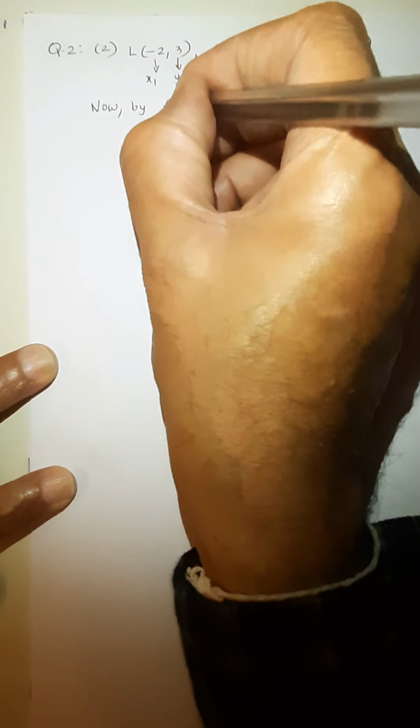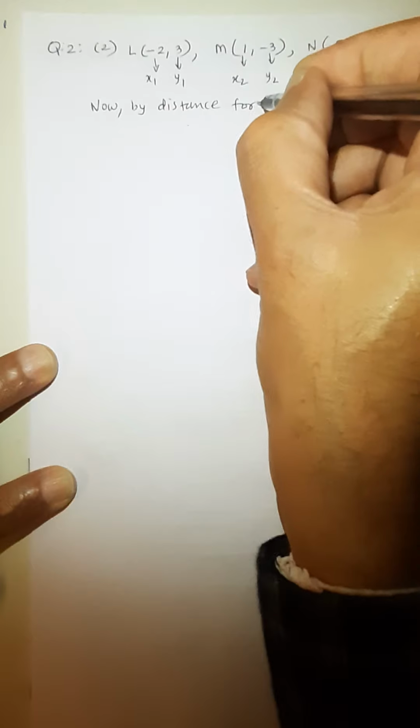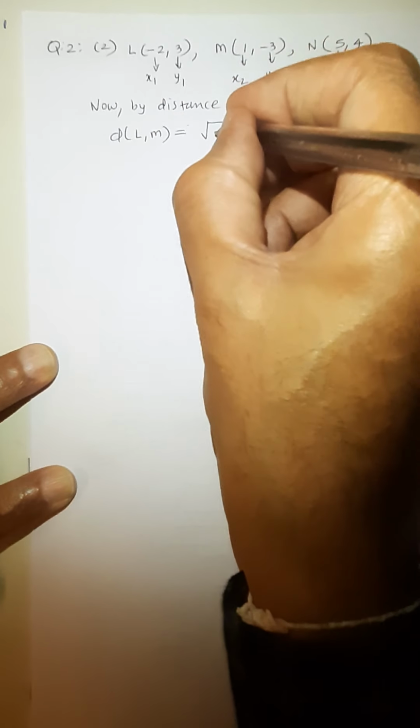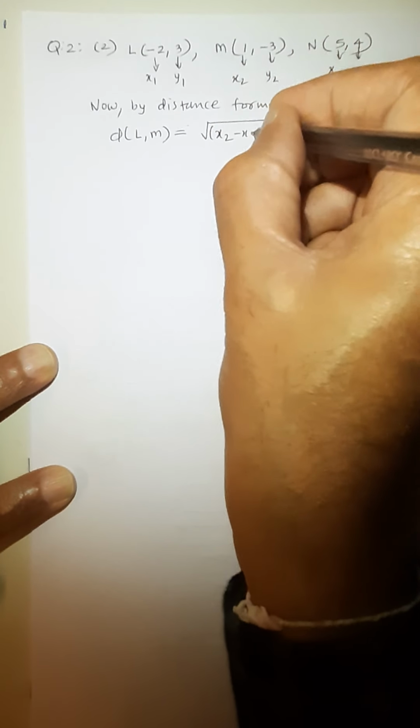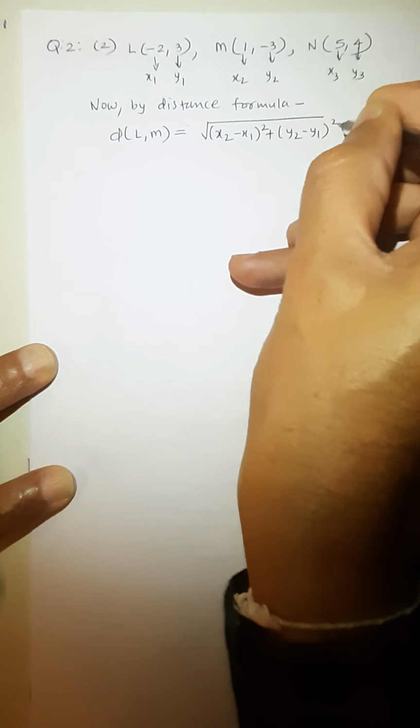Now, by distance formula, first which distance will we find, between the first 2 points? Distance LM is equal to, what is the distance formula? Square root of x2 minus x1 the whole square plus y2 minus y1 the whole square.